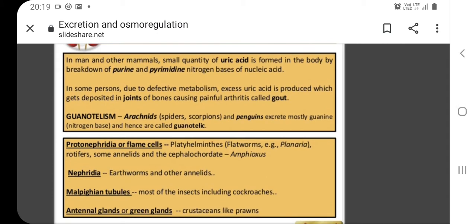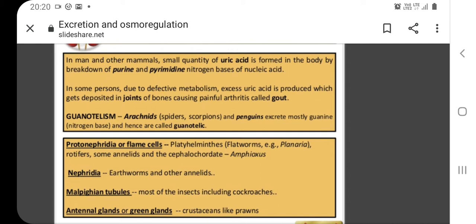In animals like platyhelminths, rotifers, annelids, and cephalochordates like amphioxus, the excretory organ is the protonephridia or the flame cells. They are called flame cells because these cells have a particular ciliary structure in them which vibrates, and when observed they look like a flame coming out of a candle.